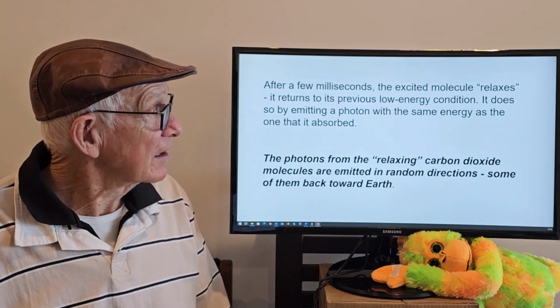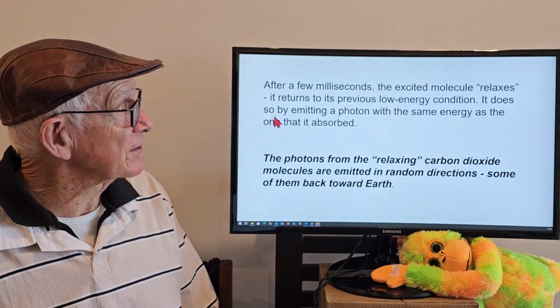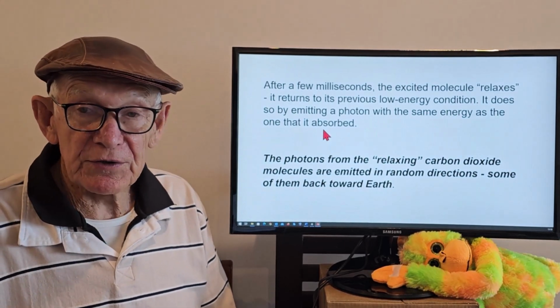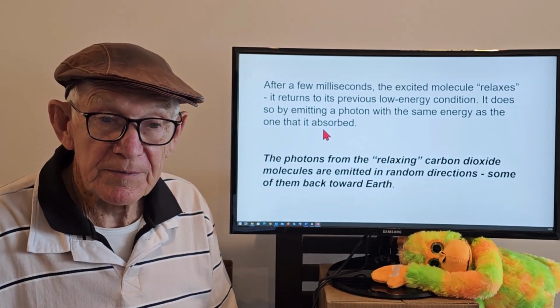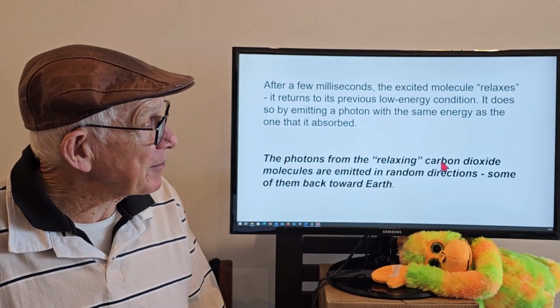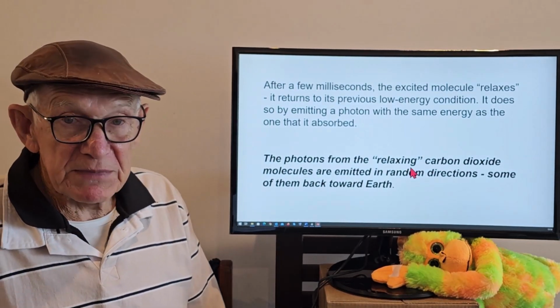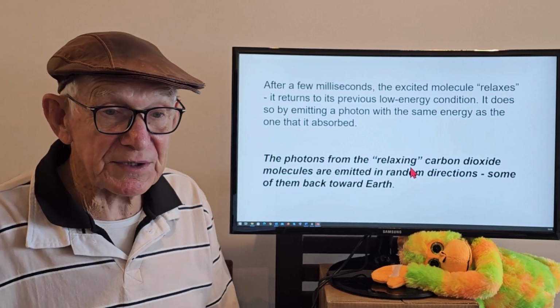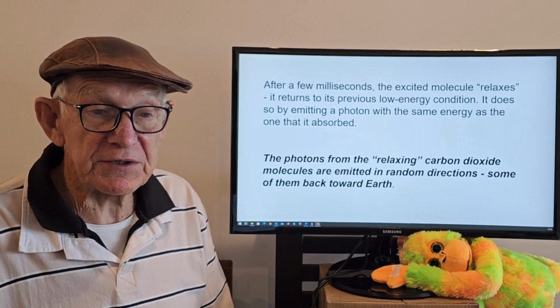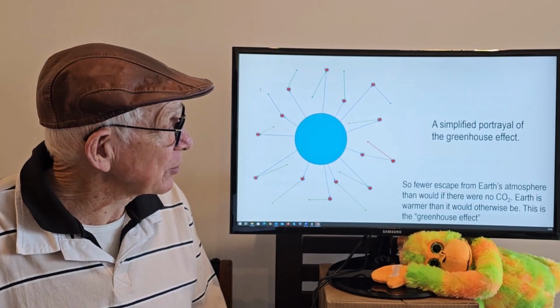And it does that by emitting a photon that has the same energy as the photon that was absorbed. Now, the photons that are emitted by that molecule as it relaxes are emitted in every which way, every direction, some of them back towards Earth.